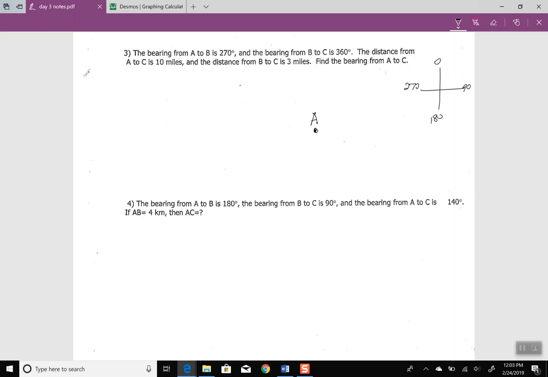If I'm traveling 270 degrees from due north, here's 90, so 90, 180, 270. That means that I am traveling to the west. So from A, this angle is 270 degrees. So from due north, 270 degrees, that means I'm heading west. So that's to go to point B.